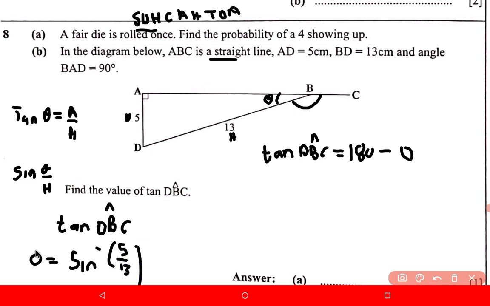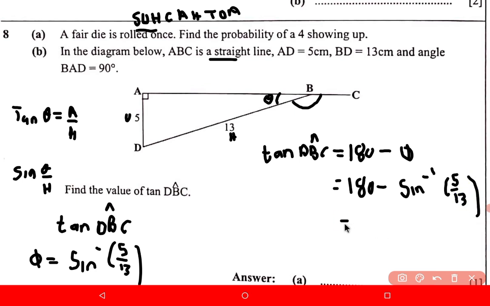This is the theta, which is this one. So tan DBC will just be 180 minus sine inverse of 5 over 13.